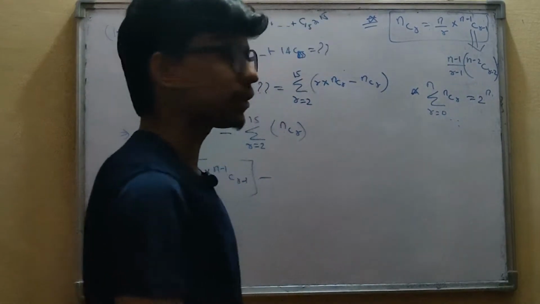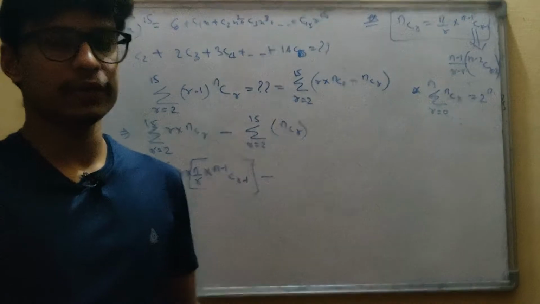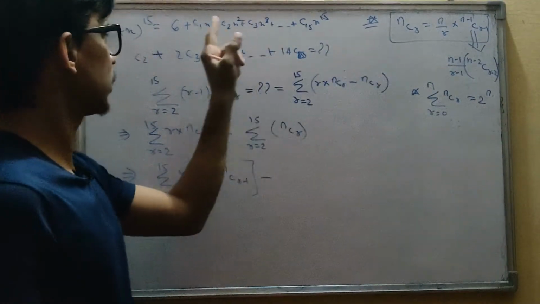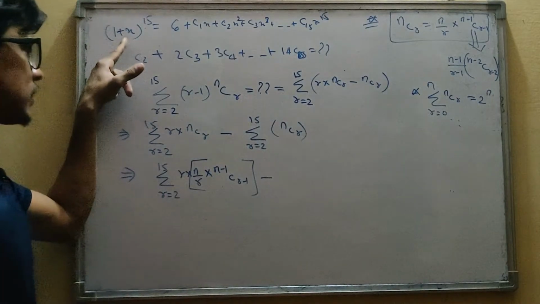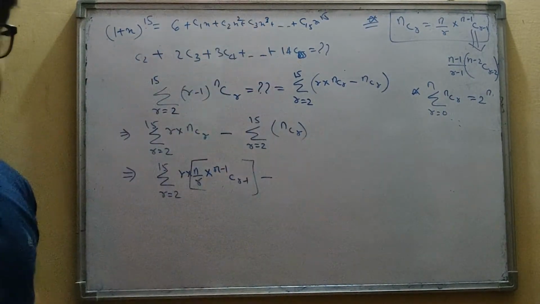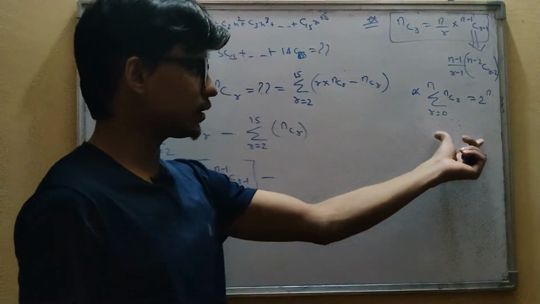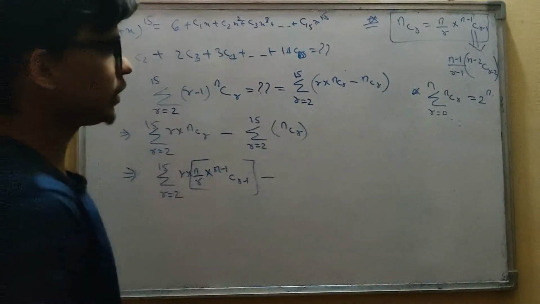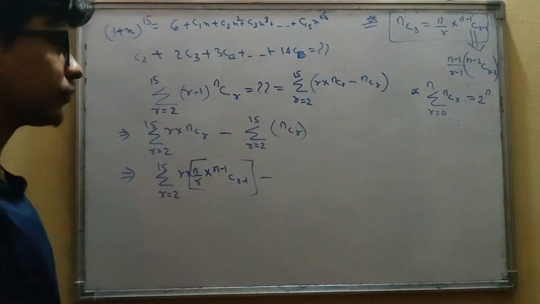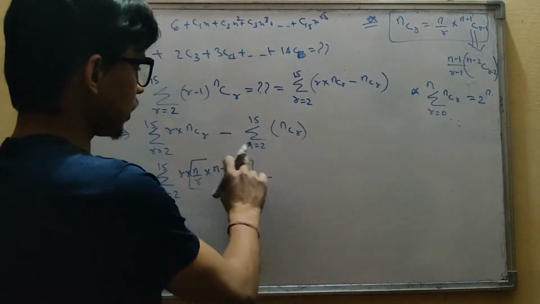You know that nCr represents coefficients, right? So it is basically the sum of coefficients. If you put 1 plus x as 1, it is going to be c0 plus c1 plus so on, this is all, right? So this is actually equal to 2 to the power n, but the only thing is here it should start from 0, but here it is starting from 2.